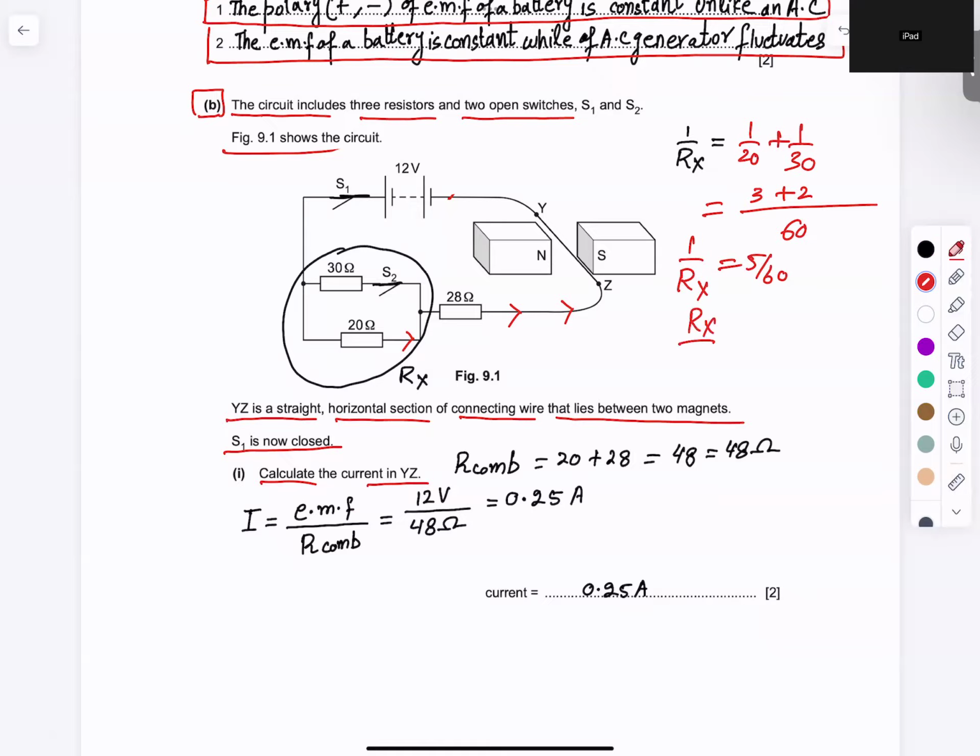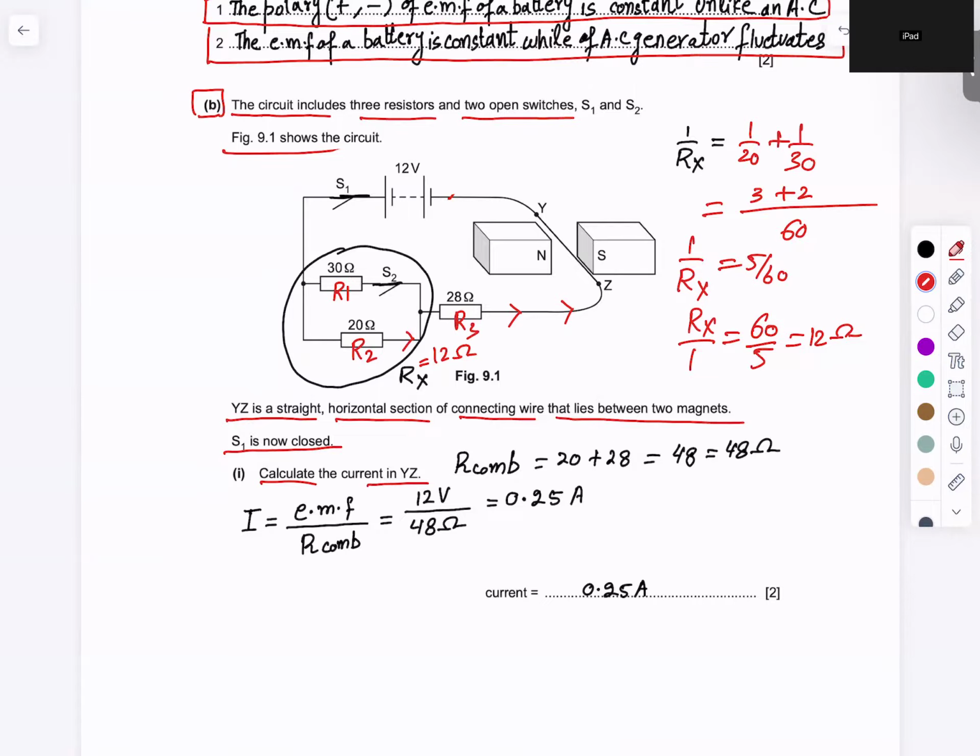So Rx over 1 is 60 over 5. It's 12 ohms. So the combined, it's only for the Rx part. Rx is 12 ohms, and let's call this one R1, this one R2, and this one R3.